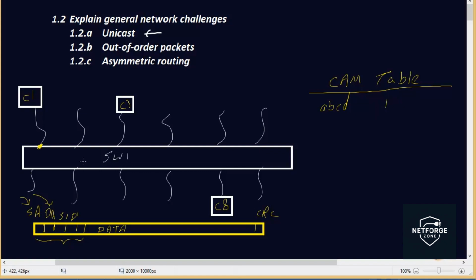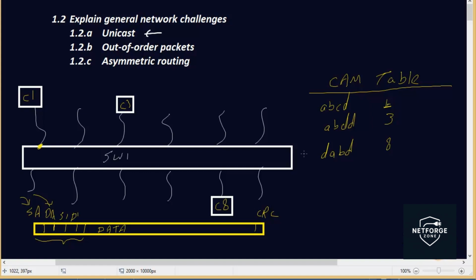The port number is important for me. Okay, I know that ABCD is connected to port number 1, and I know that ABDD is connected to port number 3, and I know that DABD is connected to port number 8, for example.